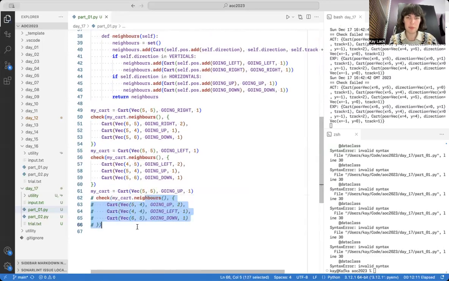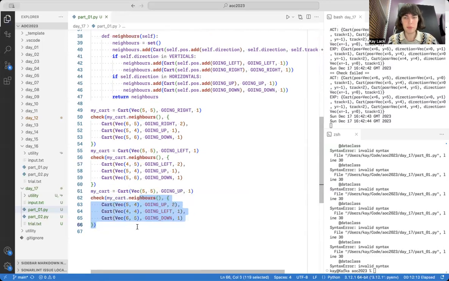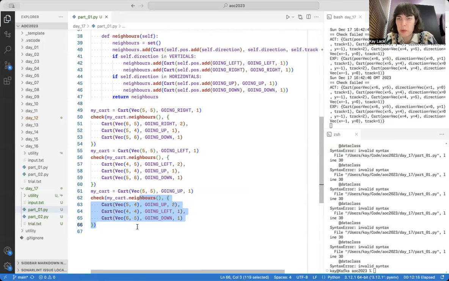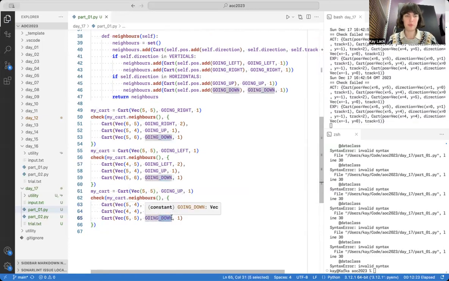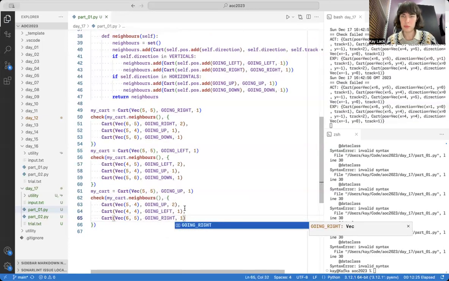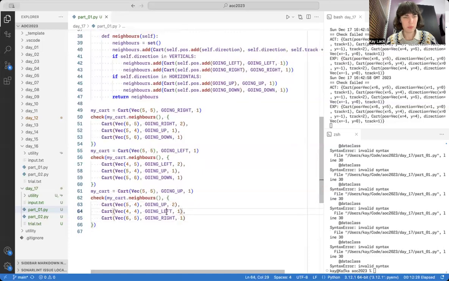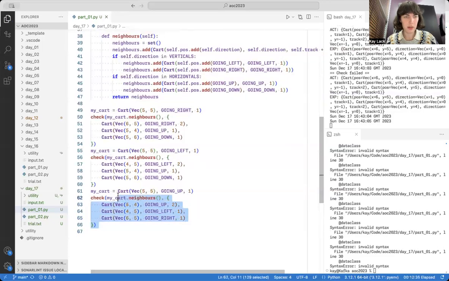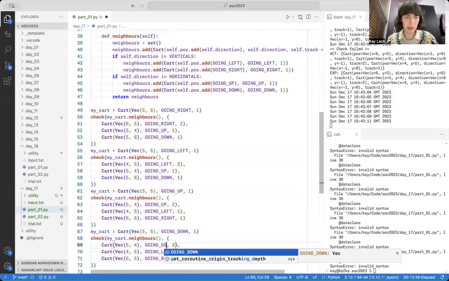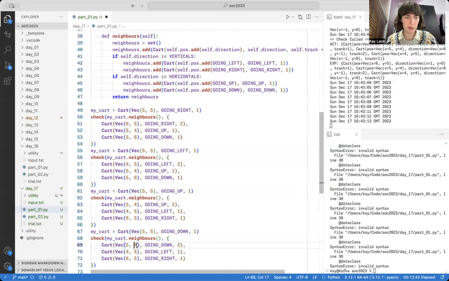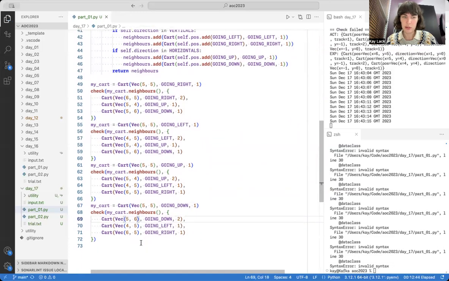This is the one, right? Yeah. Okay. So we're expecting, oh, okay, good. And then if we're going down, it's the same, apart from we know down is 5 and 6. So you're good there.